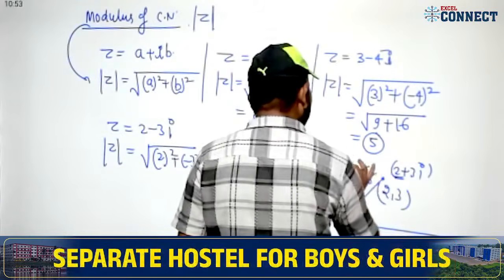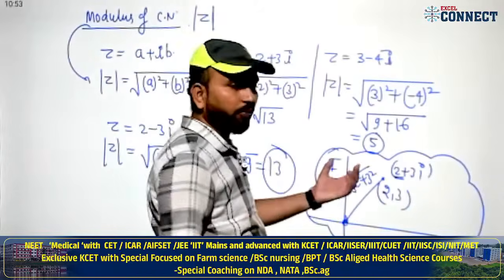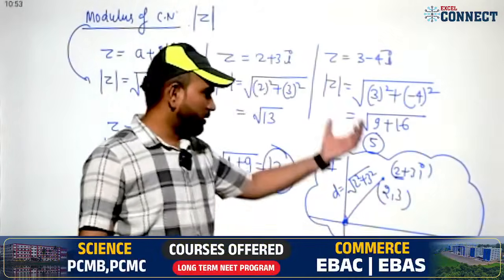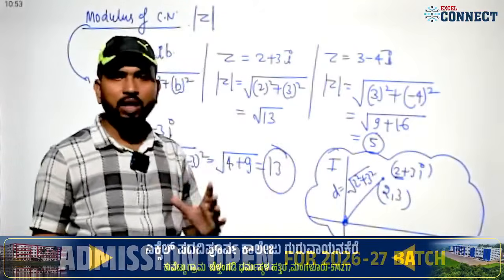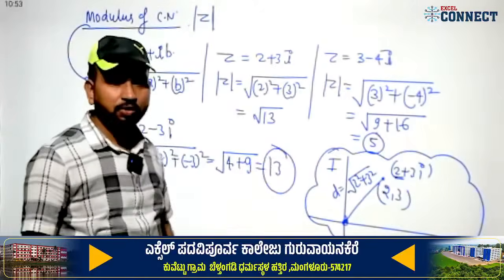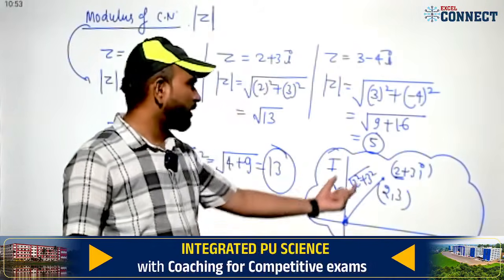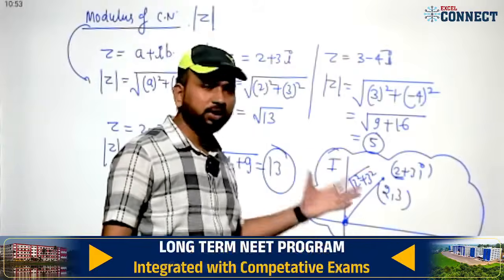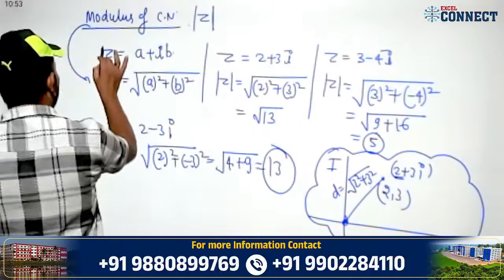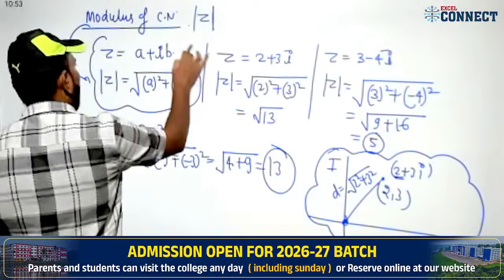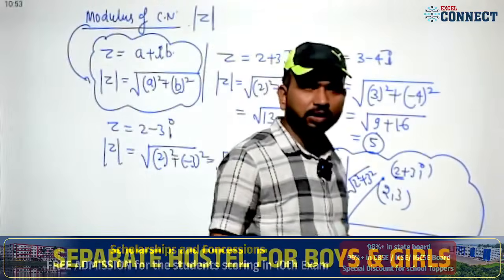But I don't want to enter this field, because it requires full knowledge of the complex plane. I will do it in the main syllabus when I start the chapter on complex numbers. Modulus means the distance between the point and the origin, but don't be interested in this now. Only understand this formula for the modulus. Later in the main course I will discuss it in detail.